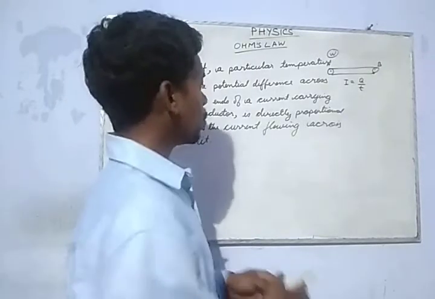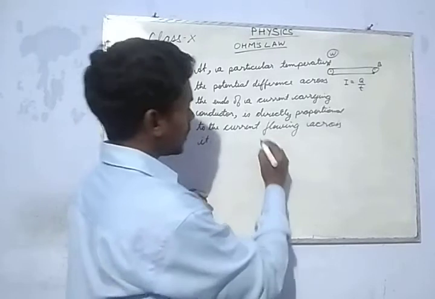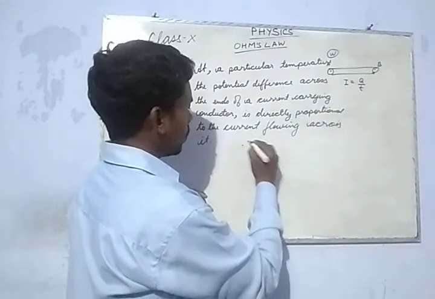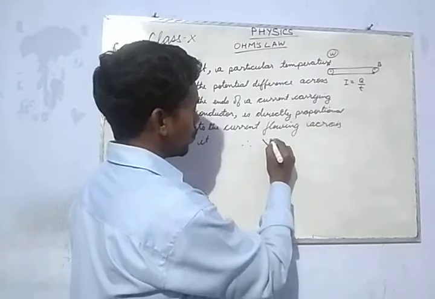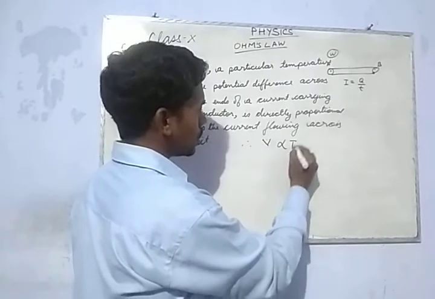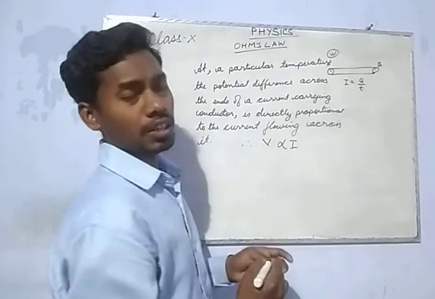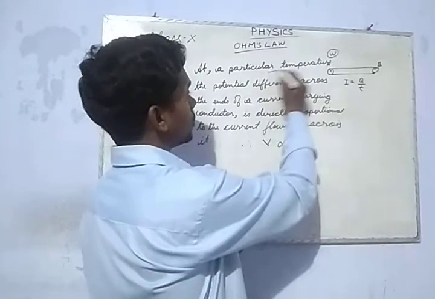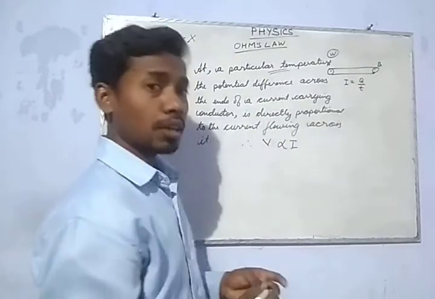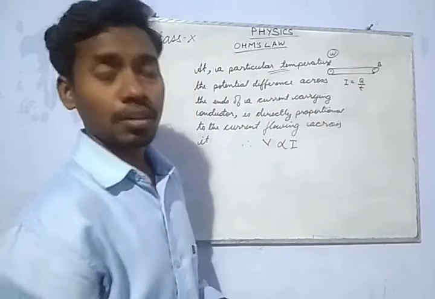Okay, so therefore we get the expression that V is directly proportional to I. V is directly proportional to I at a particular temperature. This should be considered. At different temperatures, the work done has to be different.